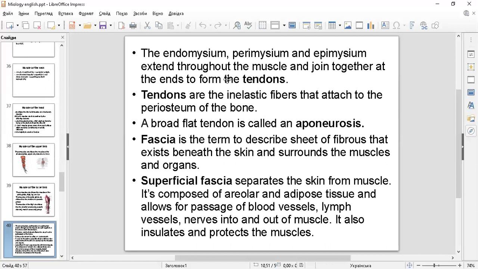A broad flat tendon is called an aponeurosis. Fascia is a term to describe sheets of fibers that exist beneath the skin and surround the muscles and organs.